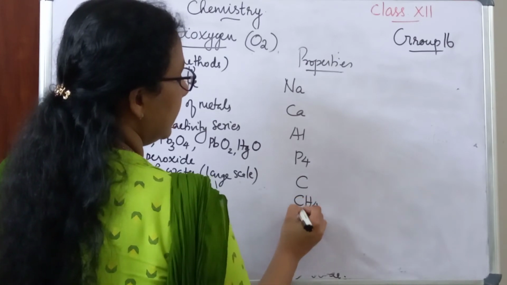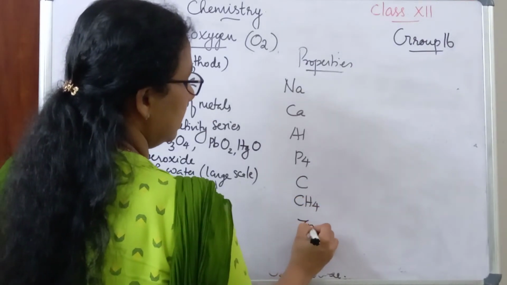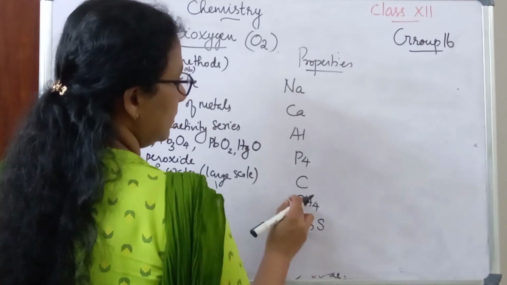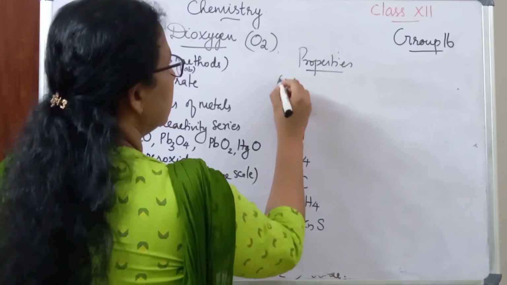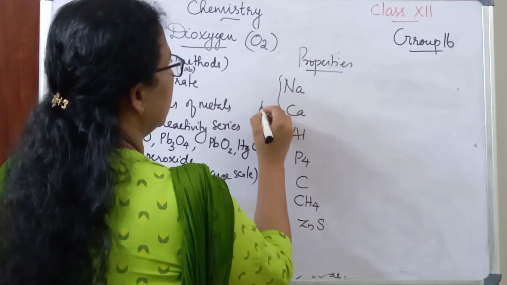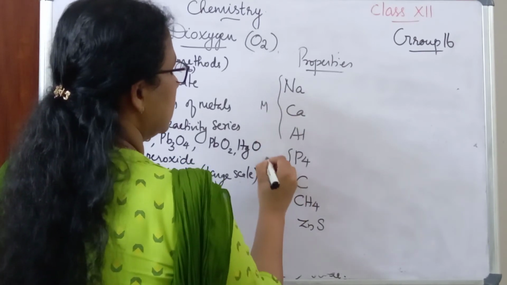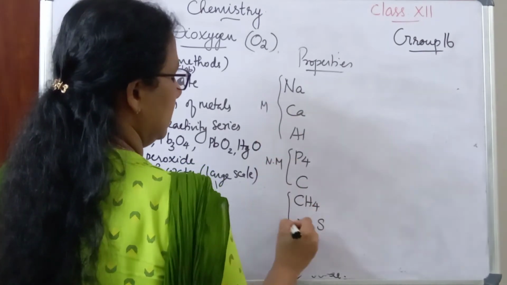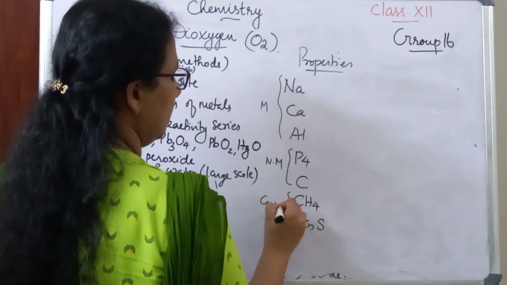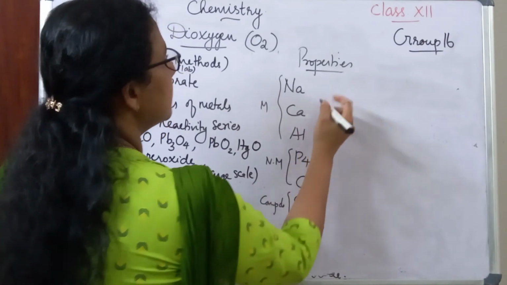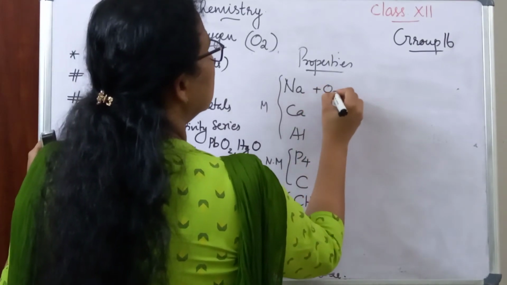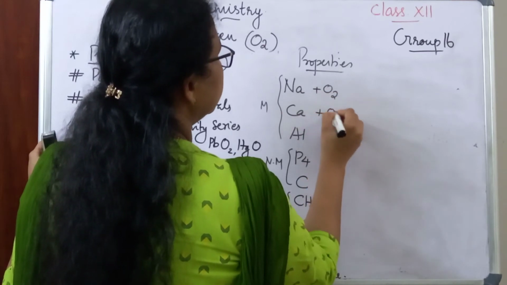Some compounds are methane and zinc sulfide. In all these cases we can see the oxide formation.